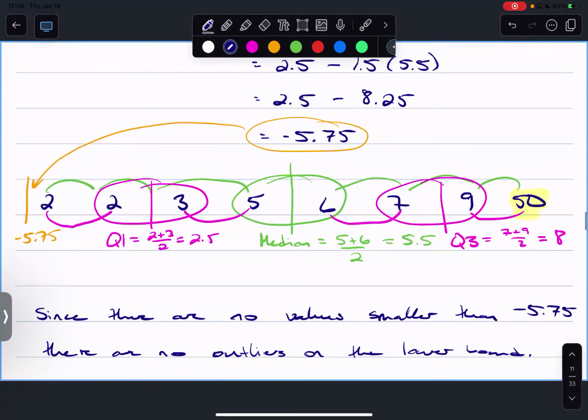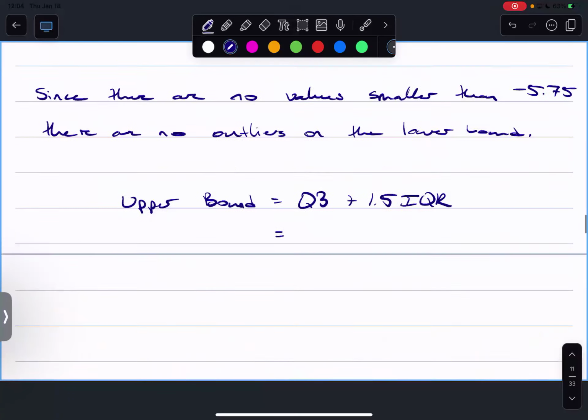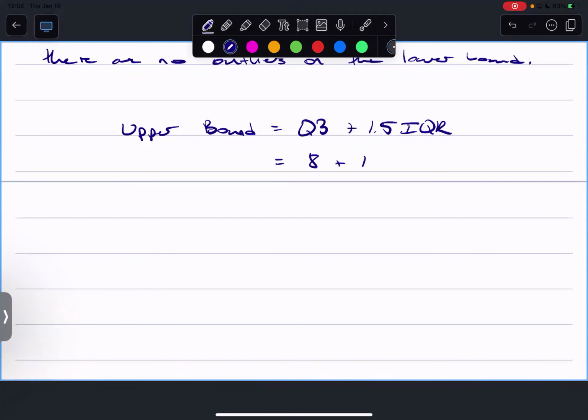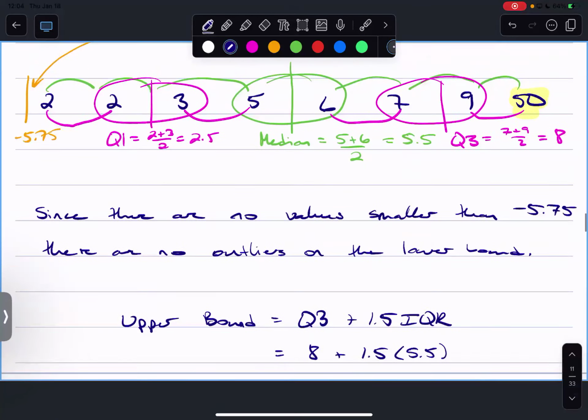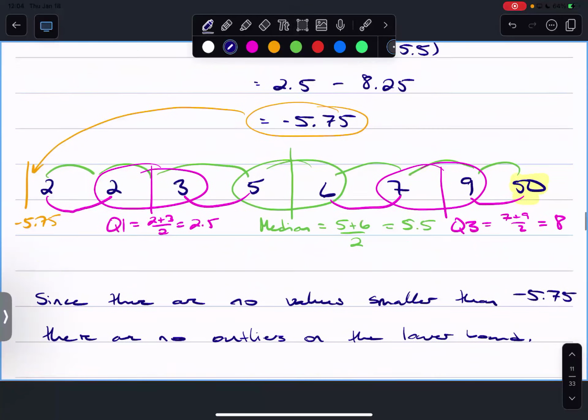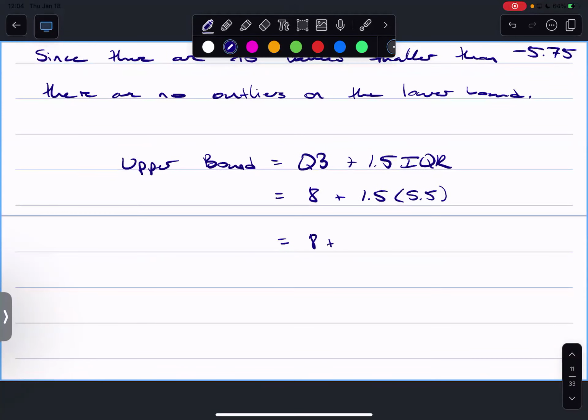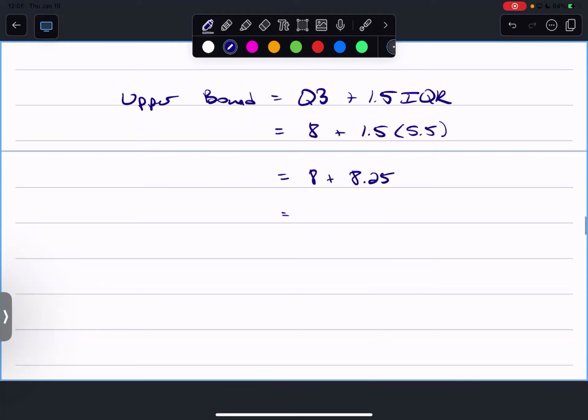Q3 was 8. And let me just remember, plus 1.5 times, I was just there, 5.5, I think. Yeah. So 8 plus 8.25, gonna go with 16.25.